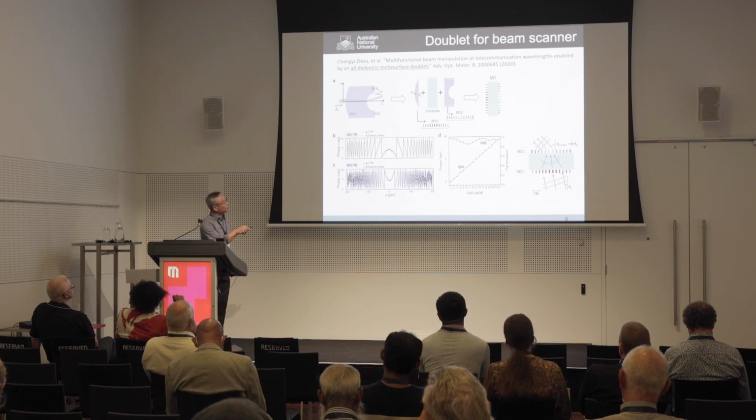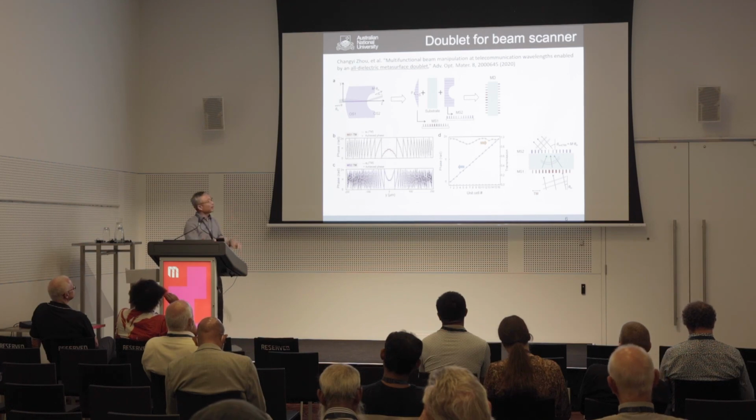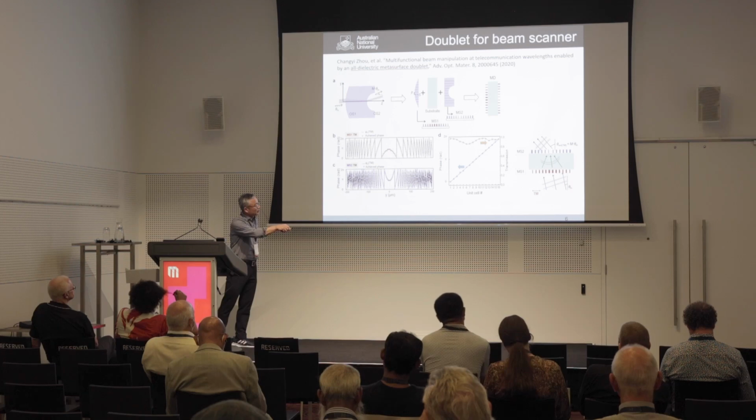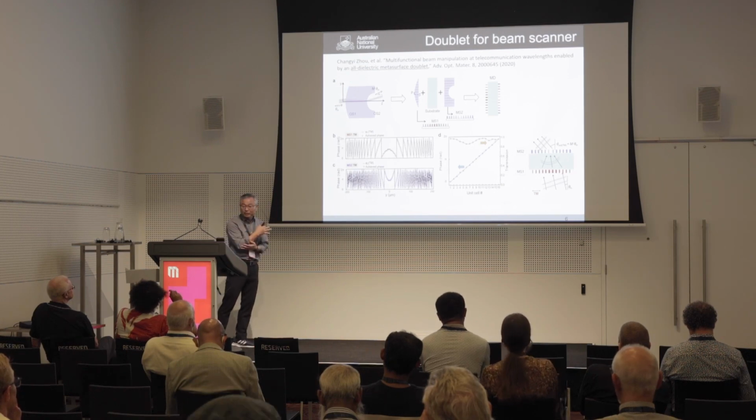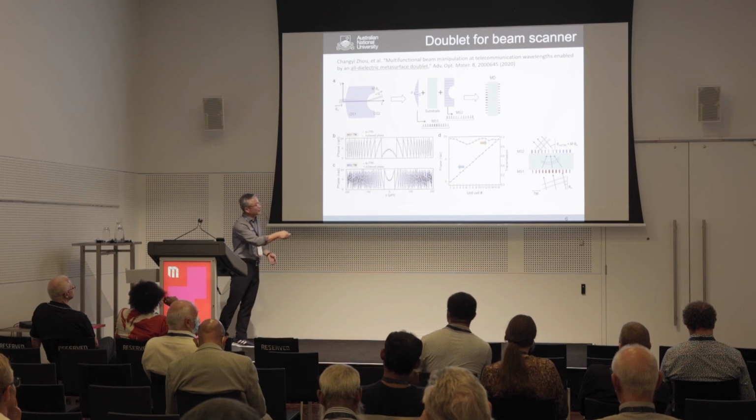We apply 2 metasurfaces. The red one is a concave, and another one is a convex lens. Light goes in and it converges first by the convex lens and diverges. We demonstrate this exit angle is 3 times bigger than the incidence angle.